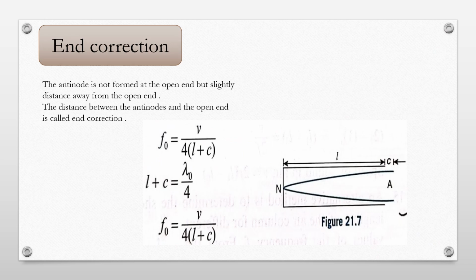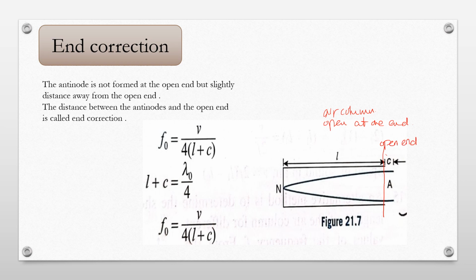Now, end correction. Class, I took these notes from the book. This is an air column, open at one end. This is the open end.